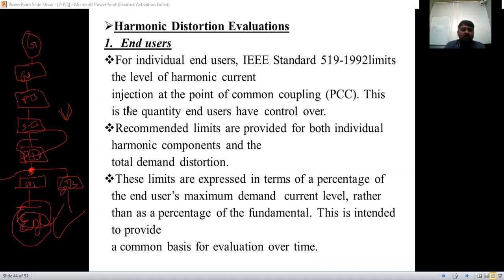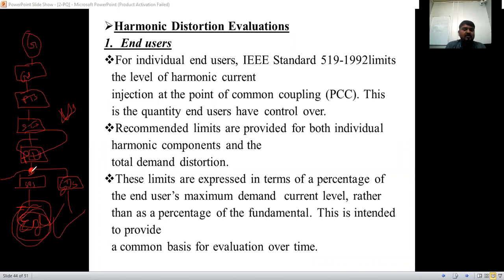So there are three places where we can identify the harmonics. One is the utility side, another is the end user side, and in between, where two or more utilities or end users are connected, that point we call the common coupling point. At those places we can evaluate the harmonics.